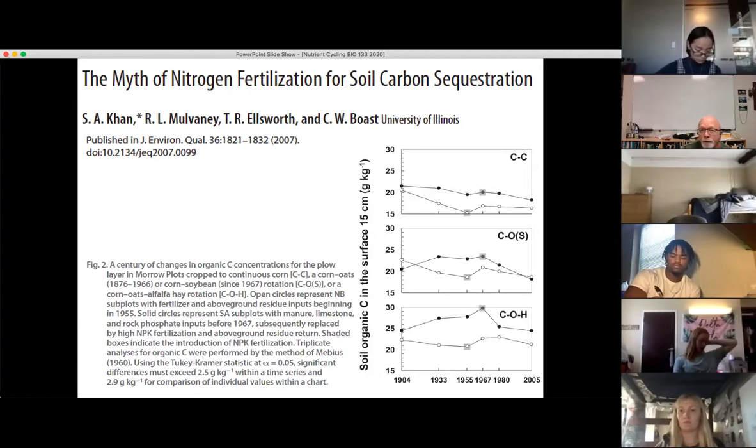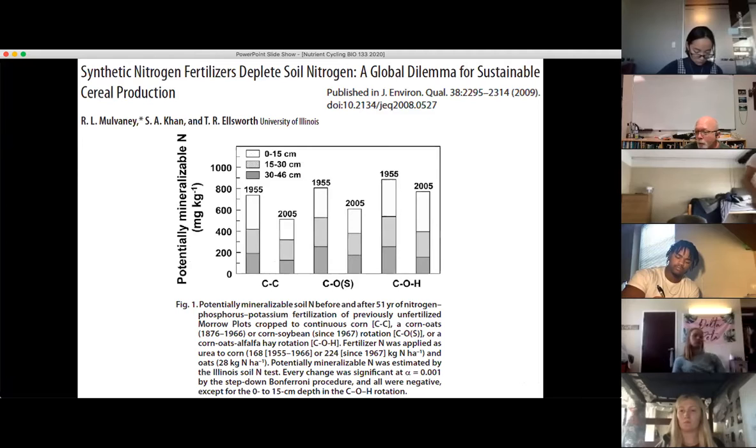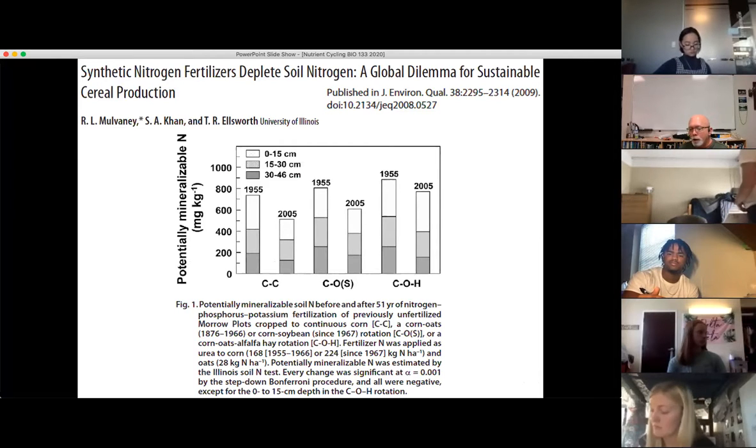But what's really kind of freaky deaky about this is that when you look at nitrogen, it turns out that the more you fertilize your fields with nitrogen, the less nitrogen those fields have. And once again, one would ask, why is putting nitrogen on your fields actually depleting those fields of nitrogen?